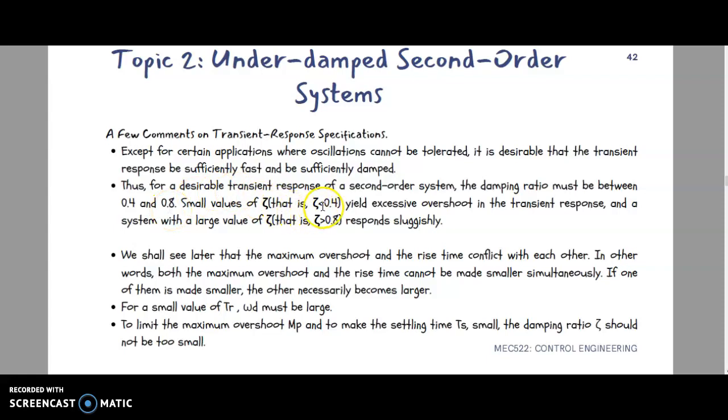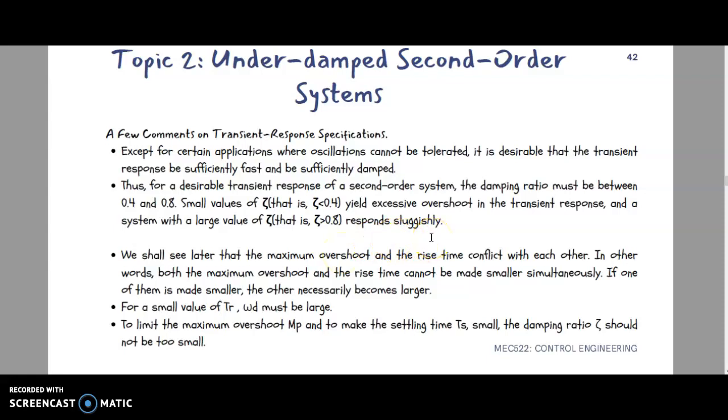If the damping ratio is less than 0.4, what happens to the system? The overshoot will be excessive. And for a damping ratio greater than 0.8, you can see the response will be like this.